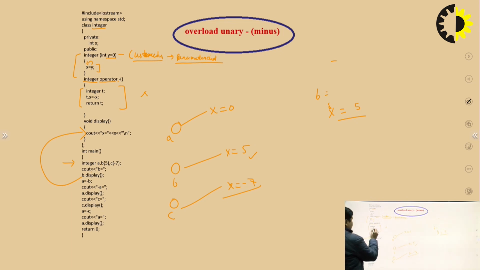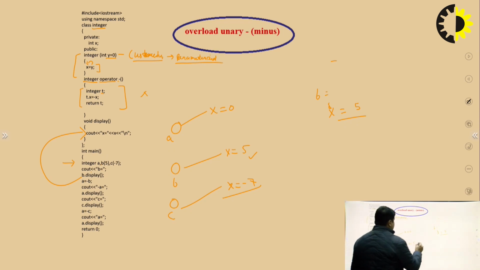Inside this piece of code I am going to create one object of which type? Integer type. Immediately the object will be created.